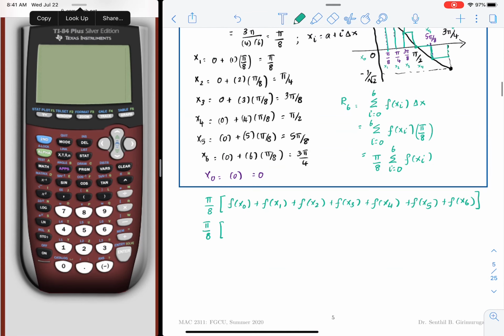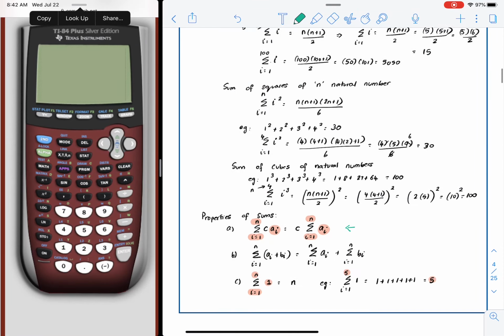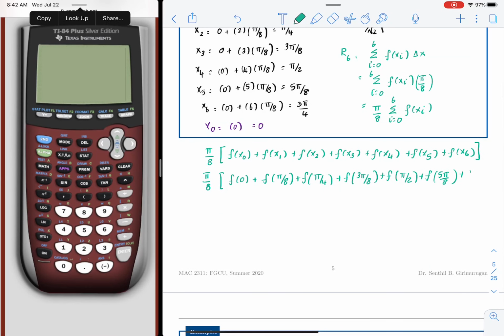We know x0 is 0, so I'll do f of 0. f of x1 is f of pi over 8. f of x2 is f of pi over 4. f of x3 is f of 3 pi over 8. f of x4 is f of pi over 2. x5 is 5 pi over 8, so f of 5 pi over 8. Plus f of x6 is f of 3 pi over 4.